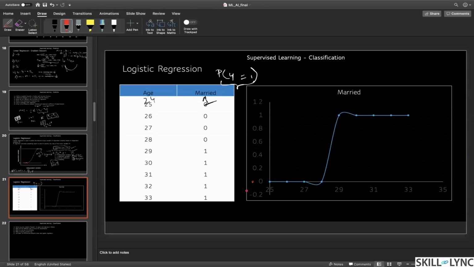I'm just plotting it. So by looking at this graph, we can assume that this person will not be married. There can always be extreme cases, for which it is very difficult to predict. Those cases will always increase the error percentage.